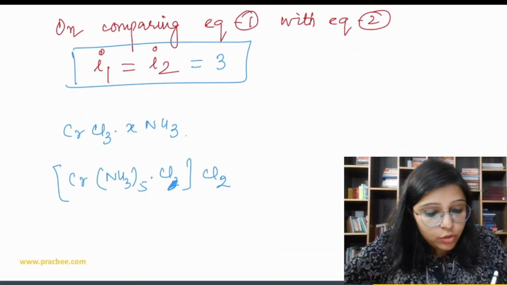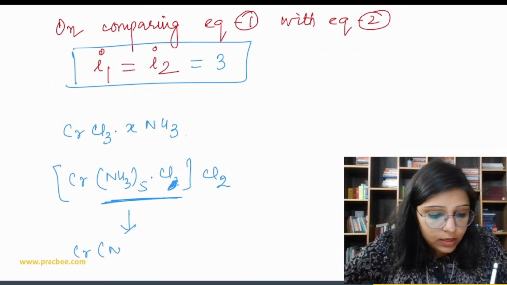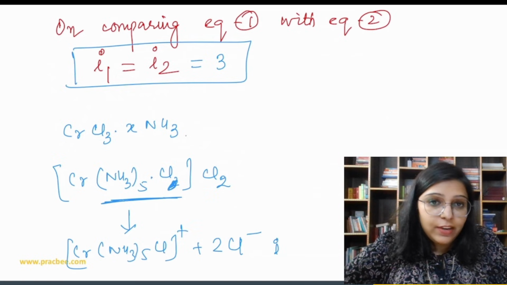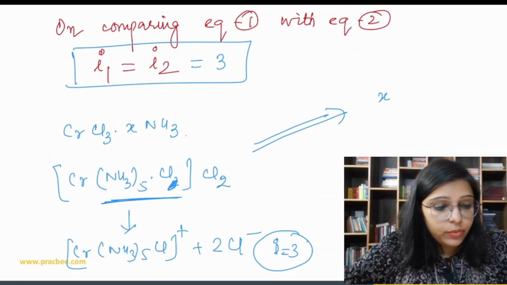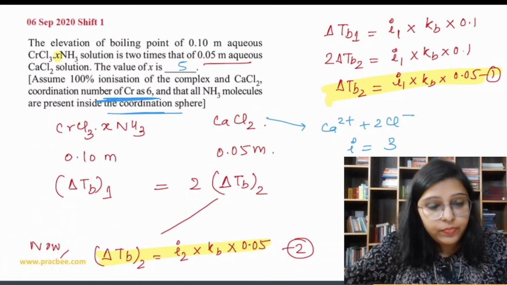So it means we should be having 6 ligands over here, because now it dissociates into [Cr(NH3)5Cl] 2 plus and 2 Cl minus. Then we get the I value as 3, right? So the value of x is equal to 5.